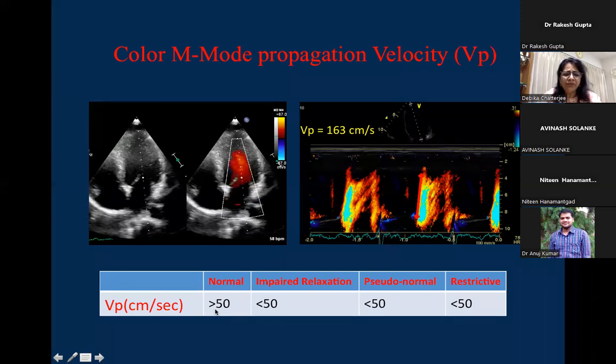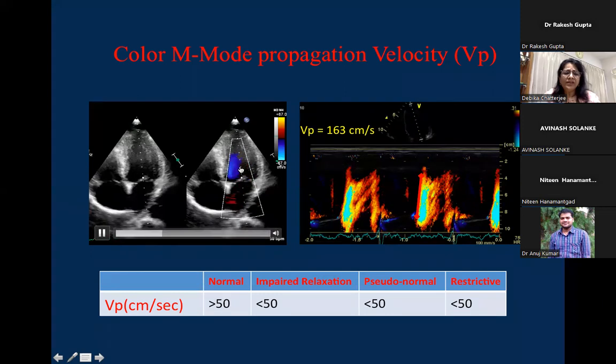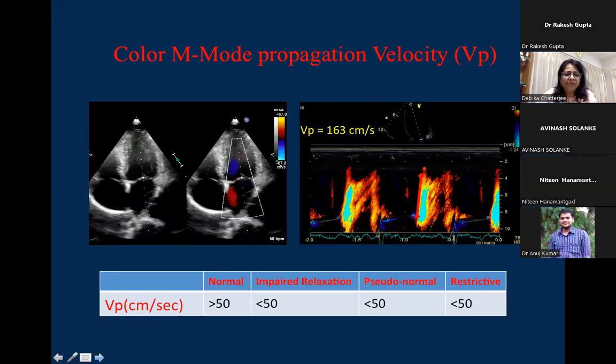Normally, it is more than 50, and in all other grades of diastolic dysfunction, it is reduced, less than 50. And in this case, it's a very good ventricle with good elastic recoil, good relaxation of the myocardium. That is why we are getting a very high velocity.